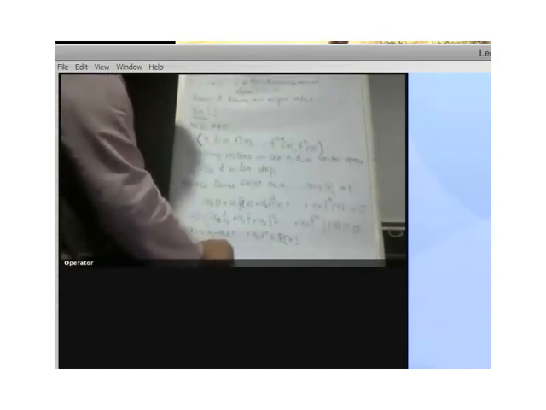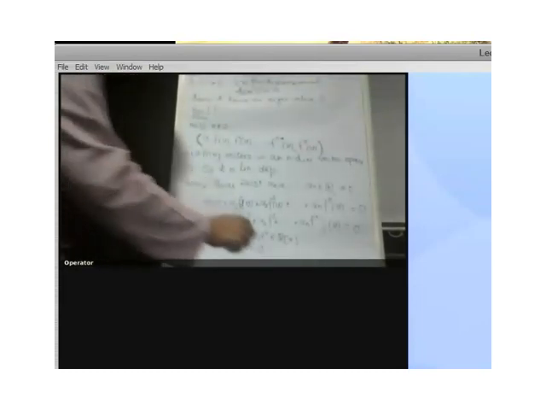So p(F) at v is 0, which means that v is in the kernel of p(F) and v is non-zero. Okay? Remember, p(F) was a linear transformation also. So v is in the kernel of p(F) and v is non-zero. That's what we have proved till now.